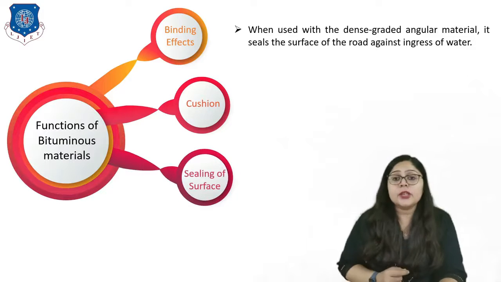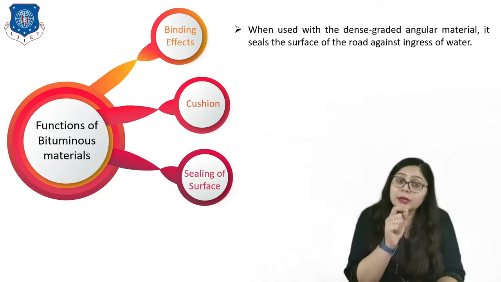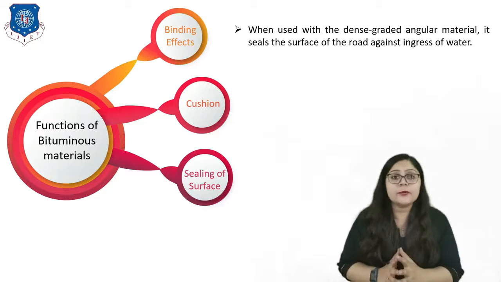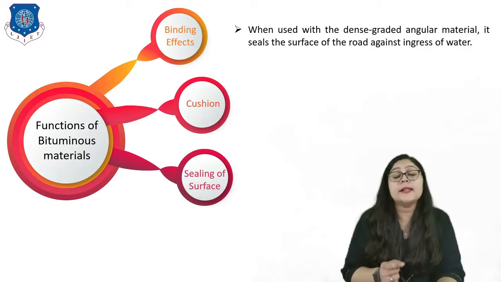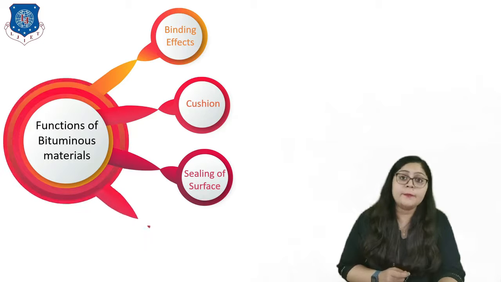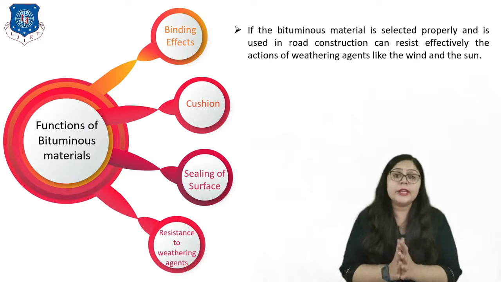Now the next function is sealing of the surface. When used with a dense graded angular material, it seals the surface of the road against ingress of water, right? It means it can sometimes provide us a waterproofing effect. And lastly, it acts as a resistance to weathering agents.